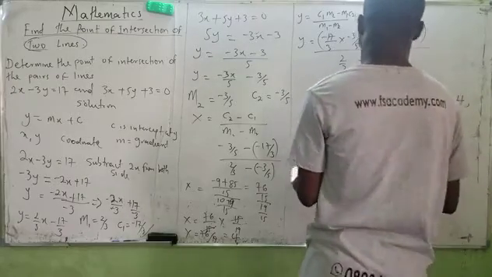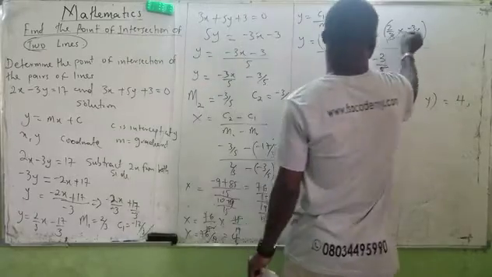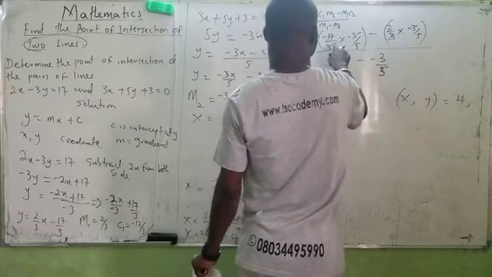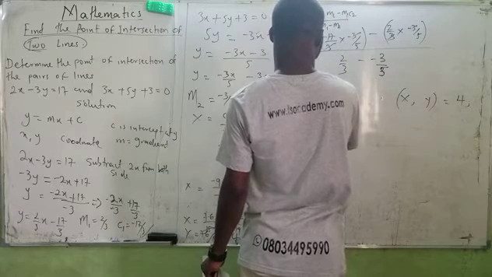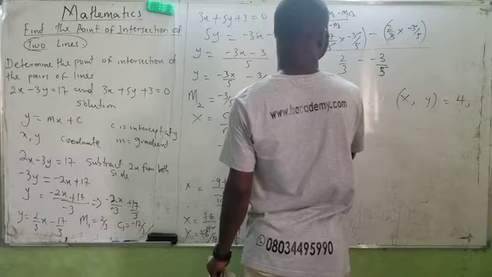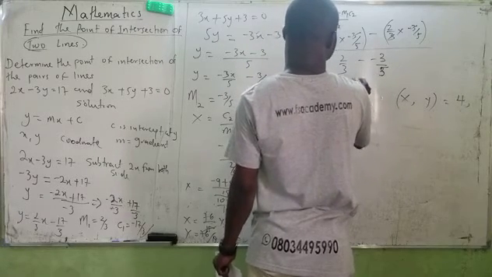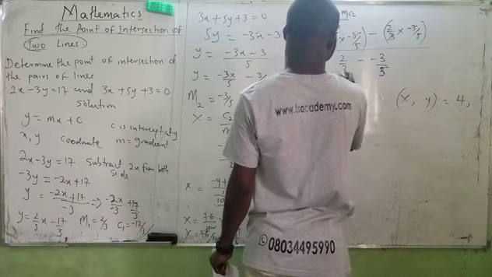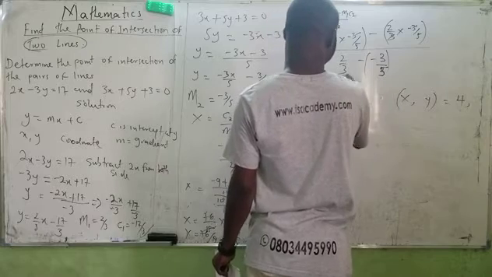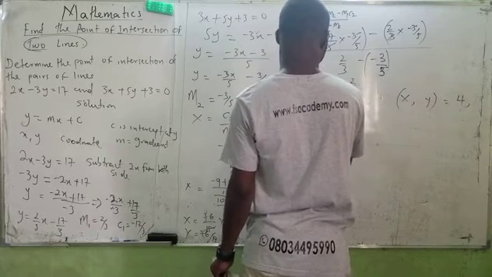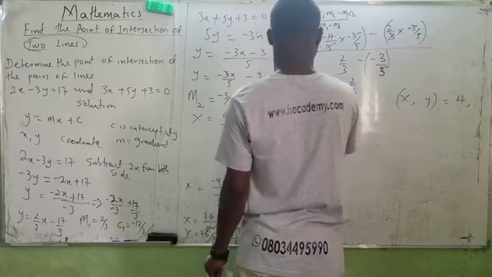Now, this will cancel this. This will cancel this. And what else will be given to us? I'll be having 17 all over 5 minus, it will be plus, 2 all over 3 plus 3 all over 5, which is my y.